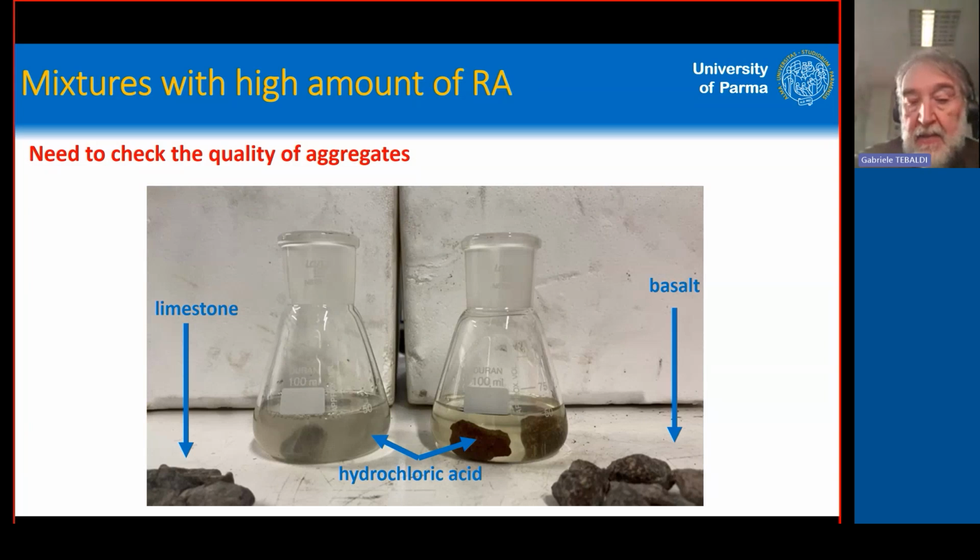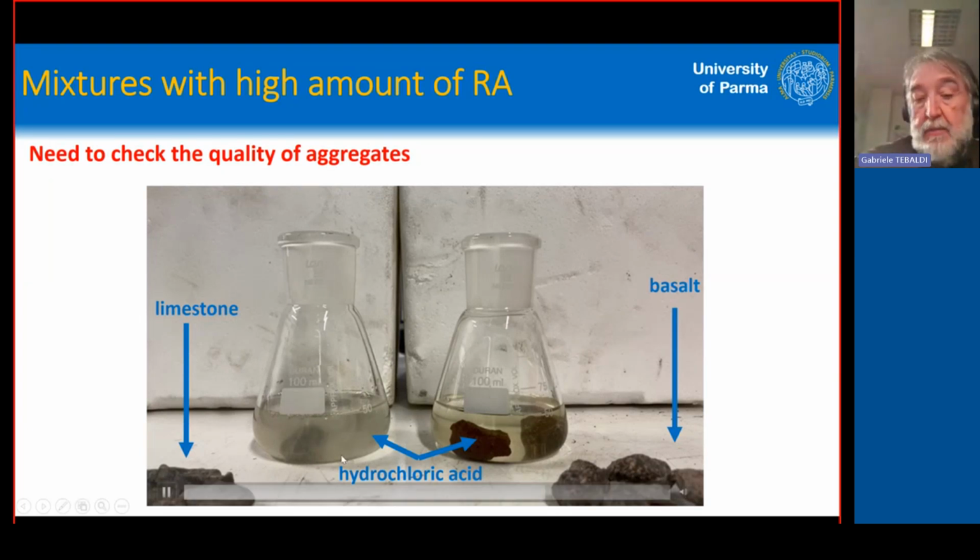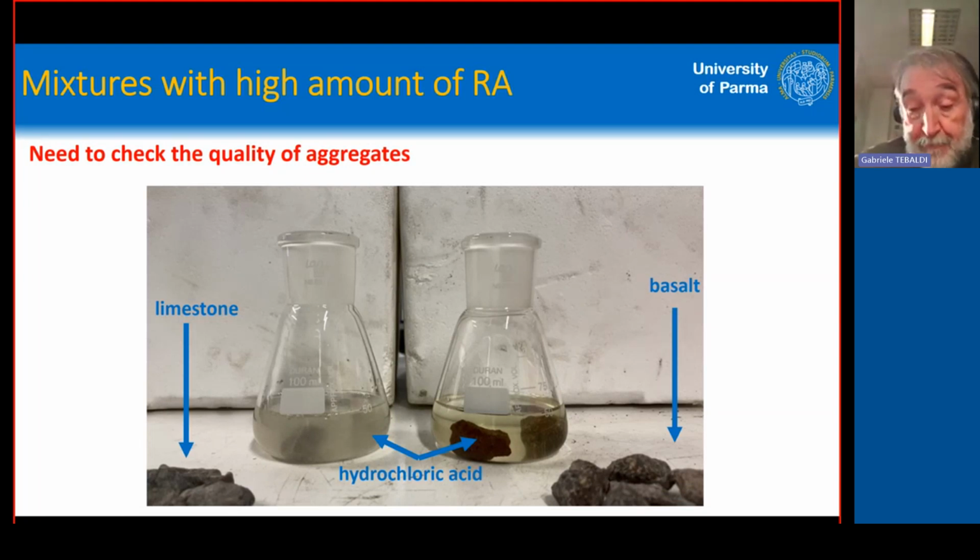So this is something that can be done very fast in the field, because the only thing is to take out the bitumen with a solvent, even in a brutal way, take an aggregate and put it inside. So this is, in my opinion, a good and fast method to check if there is too much limestone in a wearing course material.